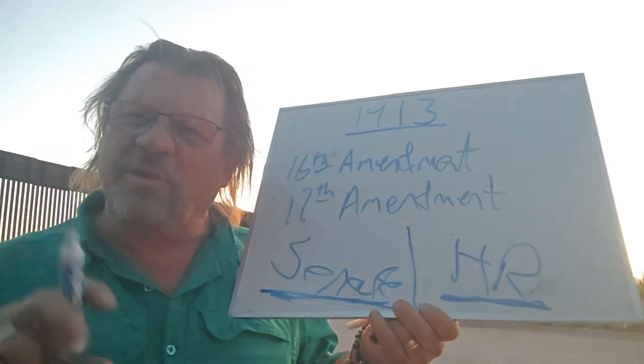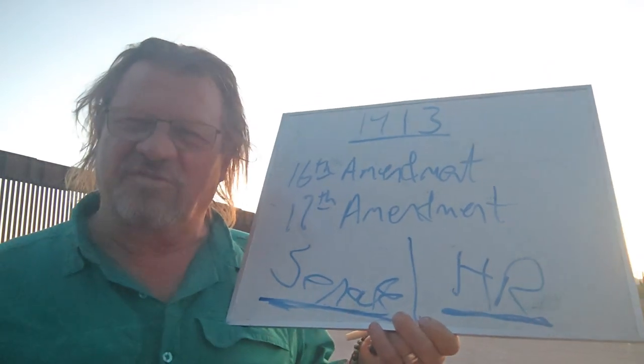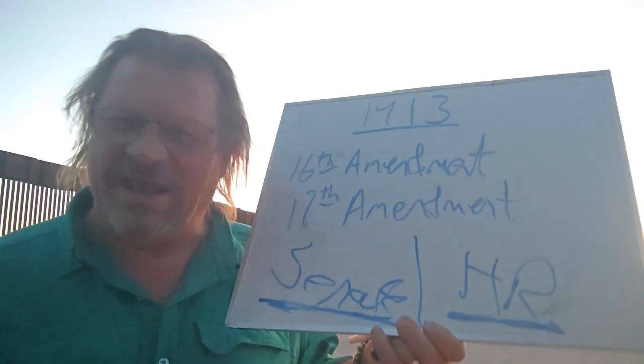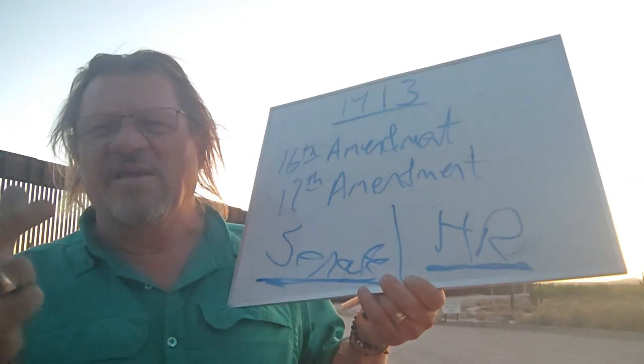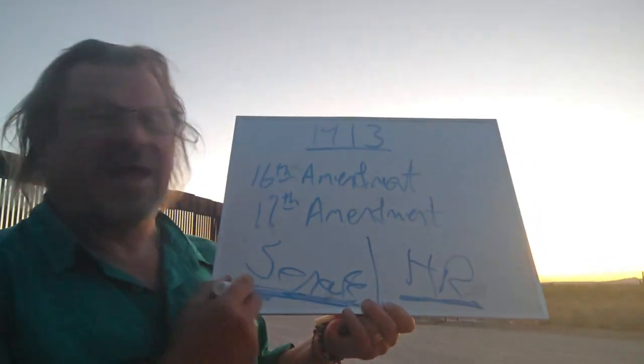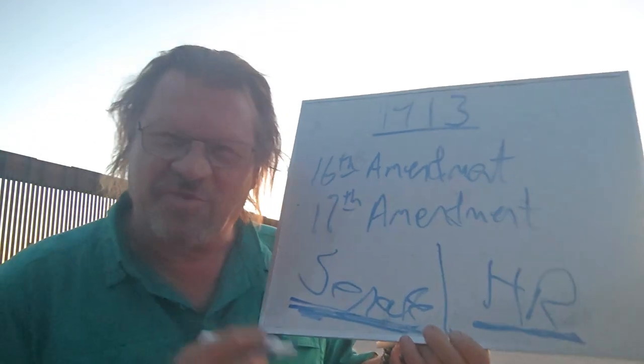Because after all, it was the states who were the signatories to the United States Constitution, right? They are the ones who collectively got together and created the United States of America, the United States federal government. So the states should have some say in what the United States federal government is doing and is up to.